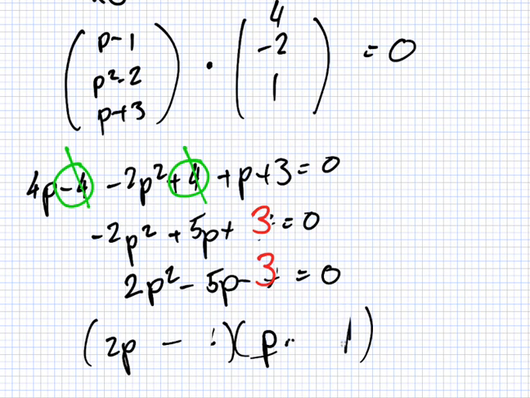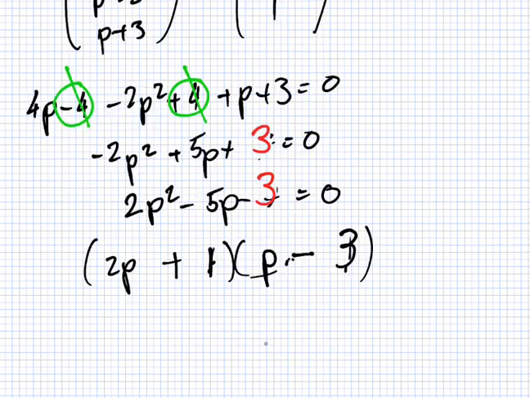Okay, so does that mean we can still find roots? 3 here, 1 here, and then this needs to be plus. Yes. So p is minus a half, p is 3.